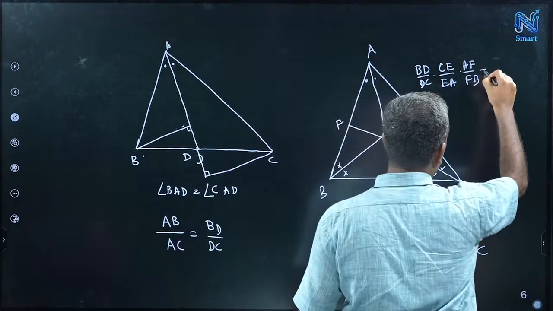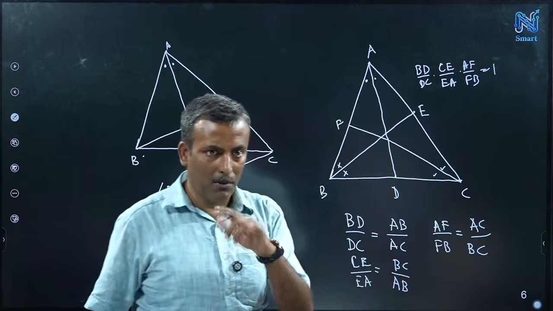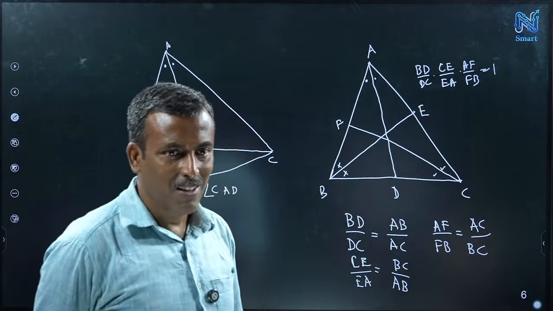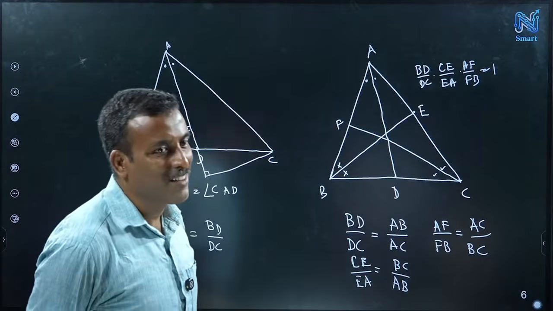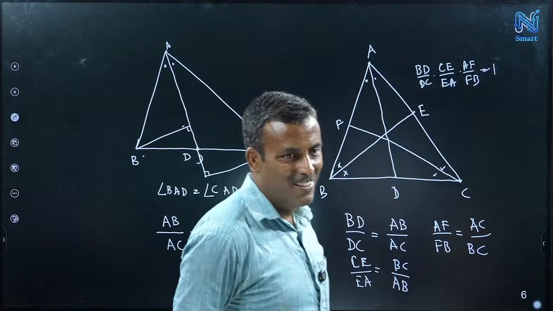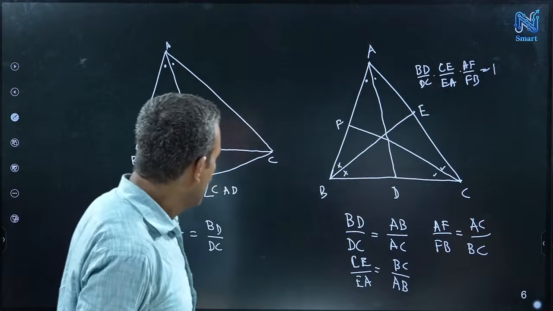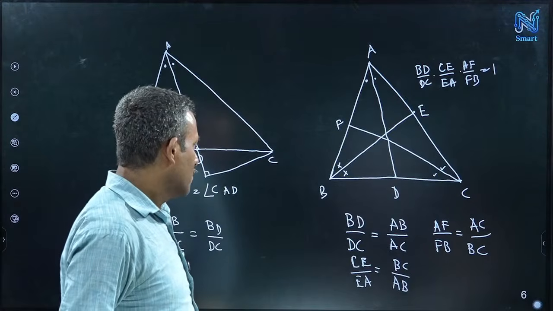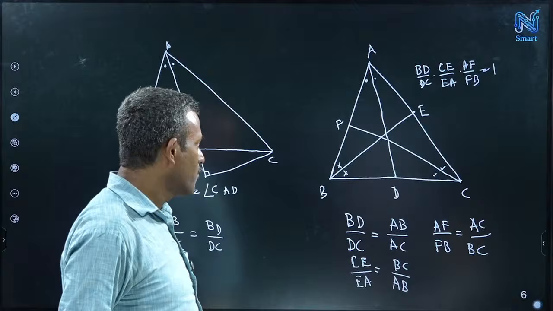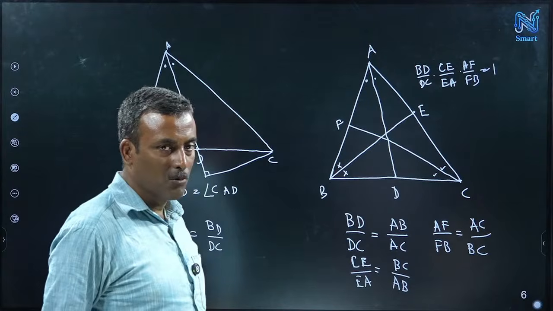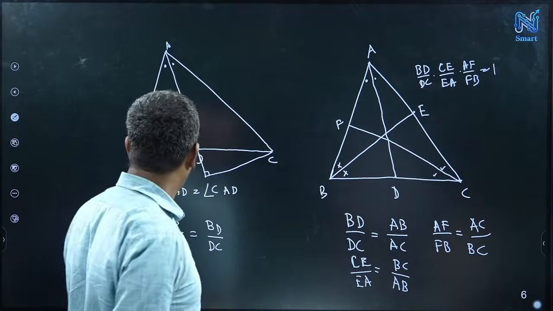Now since the product of the three ratios is 1, we already proved using the converse of Ceva's theorem that they are concurrent. There are other proofs also, but these are using Ceva's theorem. So 2 proofs and 2 theorems and 1 construction.